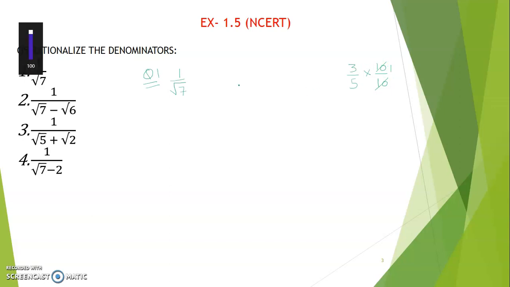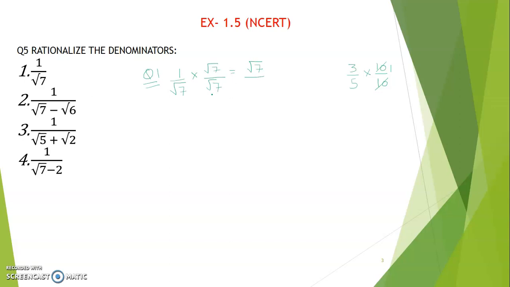Are you following? So in these types of questions, wherever you have to rationalize, we will multiply and divide by the denominator. What is the denominator here? Root 7. So multiply and divide by root 7. Now 1 multiplied by any number is the number itself, so root 7.